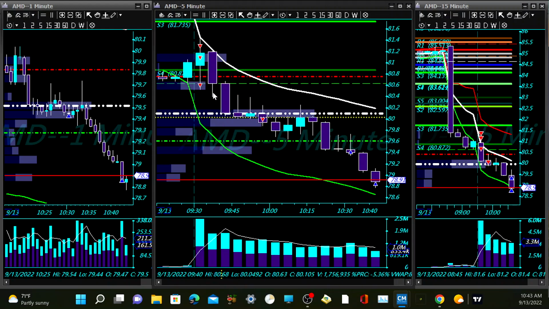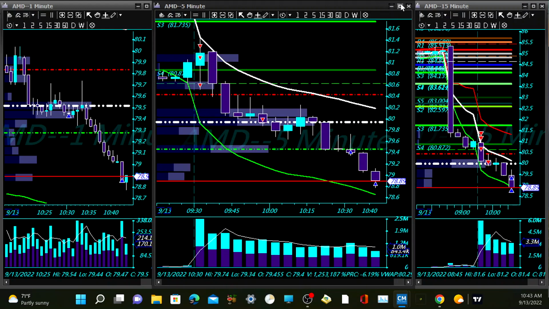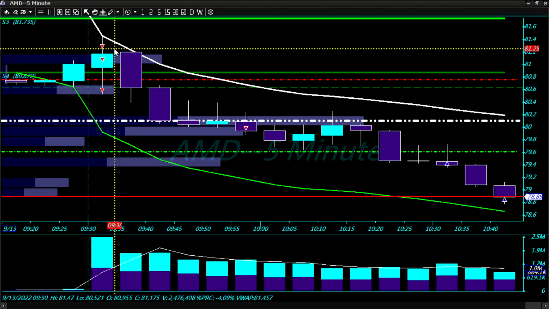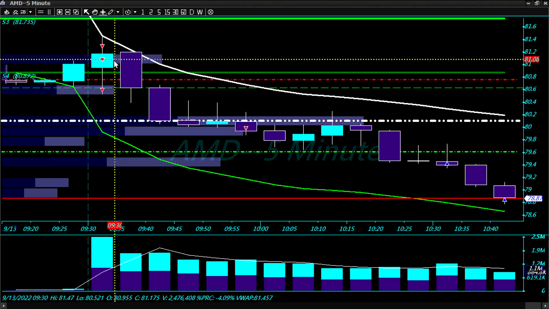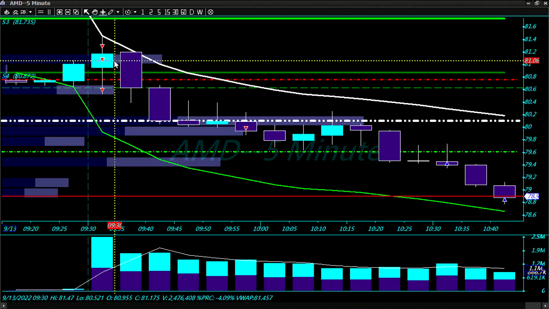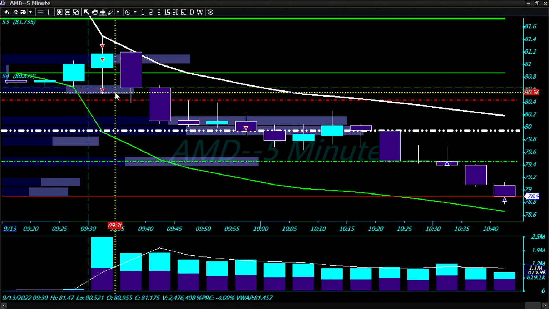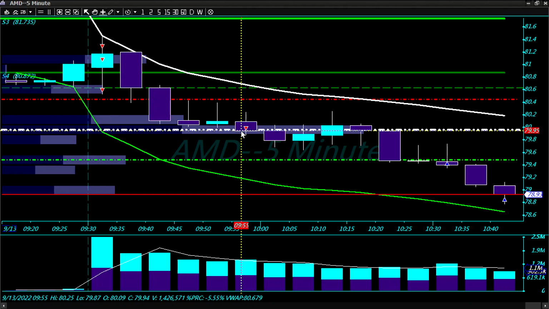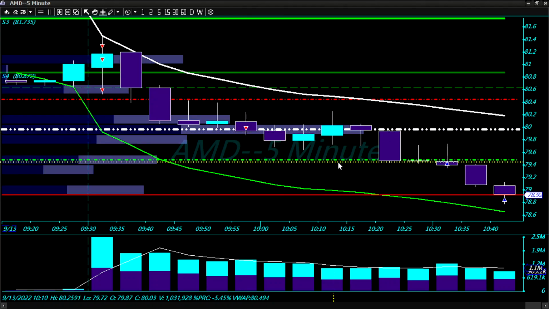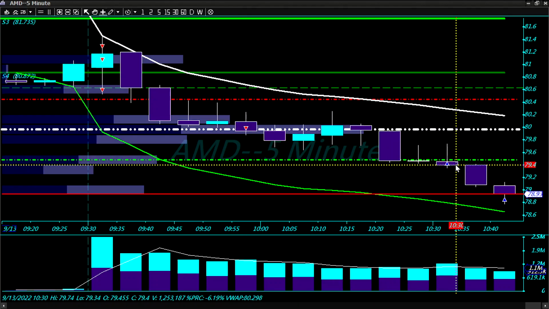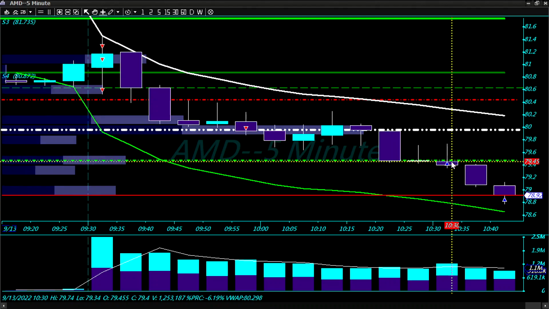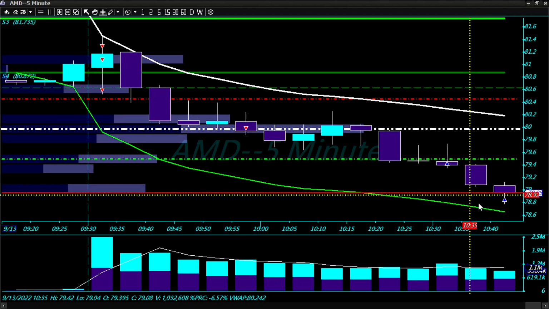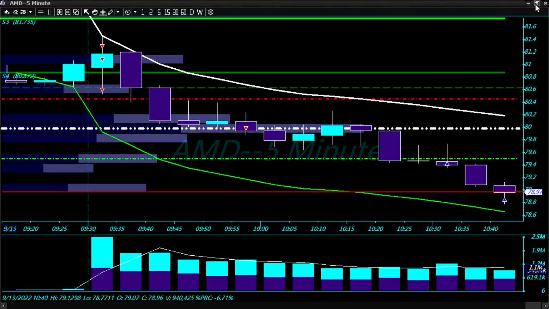I started my position around, let's see, top position was 81.25, another one was 81.06, next one was 80.56, took the break of 80 at 79.95, and took off the lion's share at around 79.45 and covered the rest here at 78.89. So that's the trade for today.